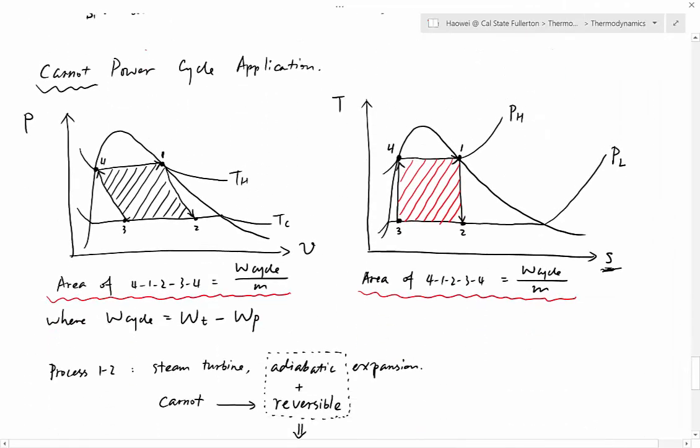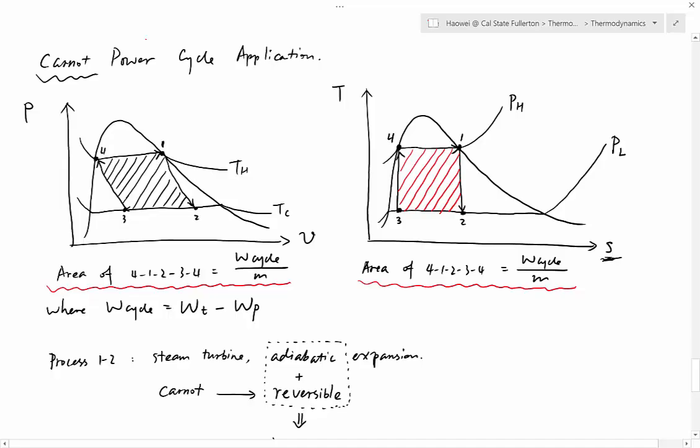But then when you go to the area of the enclosure, they tell you exactly the same. Doesn't matter which diagram you're on, whether it's a P versus nu diagram or a T versus S diagram, they all tell you the same thing, that is W cycle per unit mass.